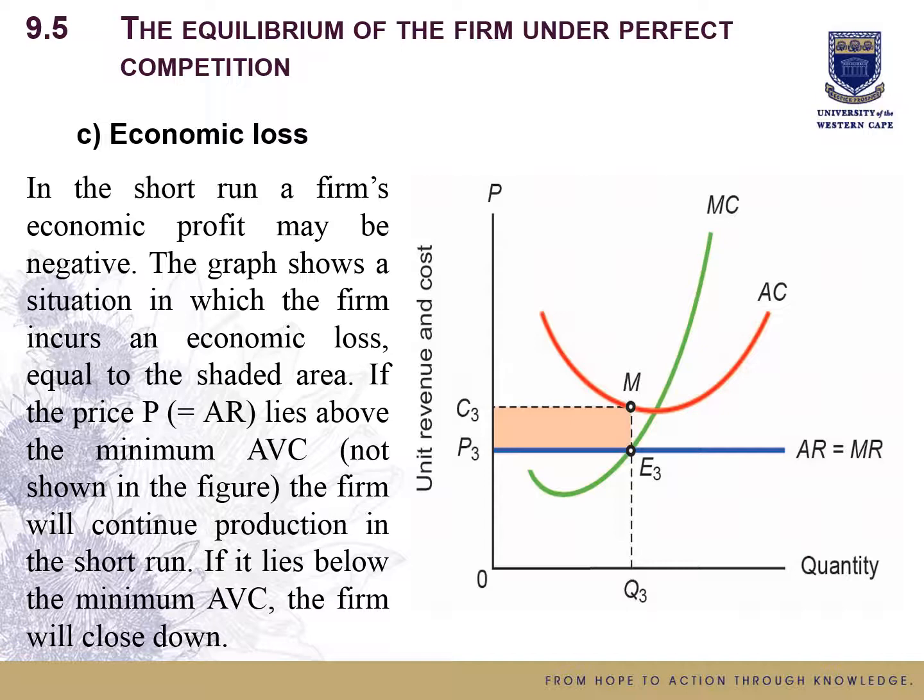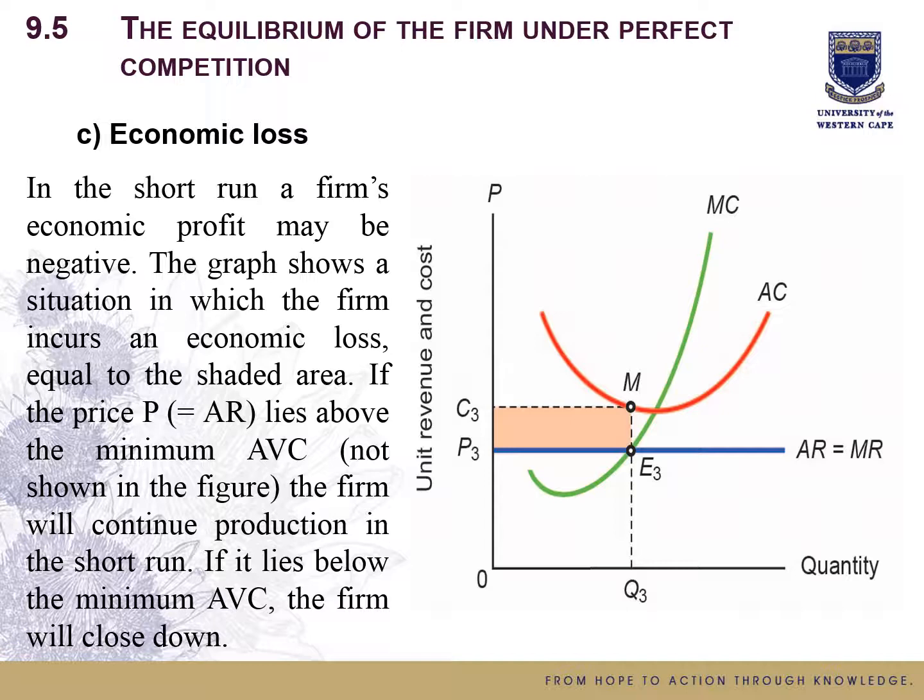C3ME3P3. The economic loss can also be calculated by the formula total revenue minus total cost, where your total revenue will be equal to P3 multiplied by Q3, and your total cost will be equal to C3 multiplied by Q3.